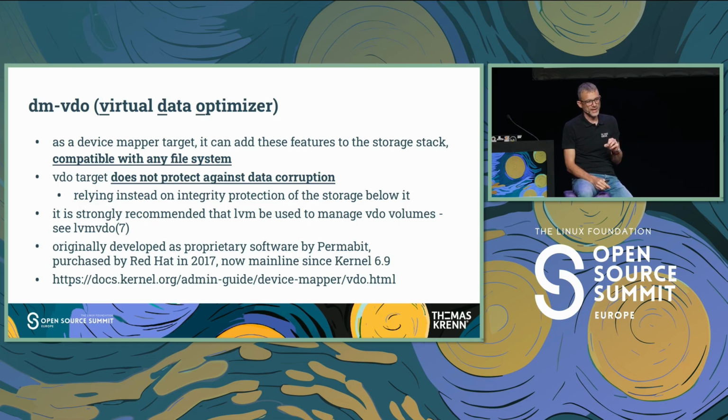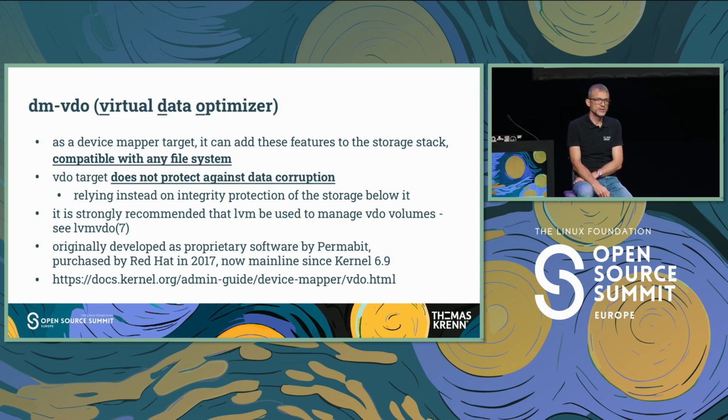One thing you have to keep in mind is that VDO does not protect against data corruption itself. So you're relying on the integrity protection of the storage stack below it. So you can stack it with other devices or use hardware that supports that. To use it, it's strongly recommended that you use LVM. It's also in the documentation on there.